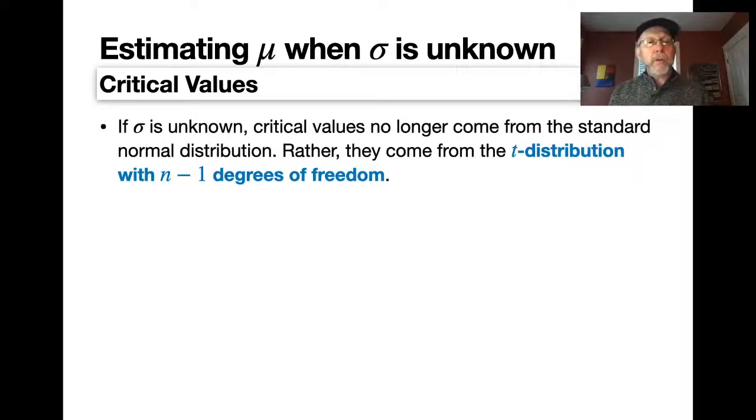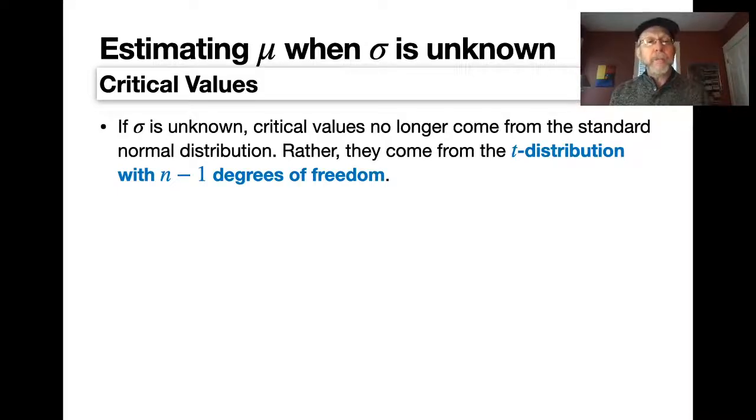If sigma is unknown, the basic change is that critical values no longer come from the standard normal distribution. Rather, they come from the t-distribution with n-1 degrees of freedom. This is a distribution that's closely related to the normal distribution, but it's different. It takes into account the additional uncertainty caused by the unknown standard deviation sigma.